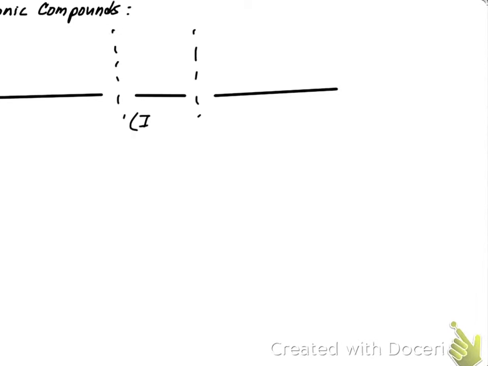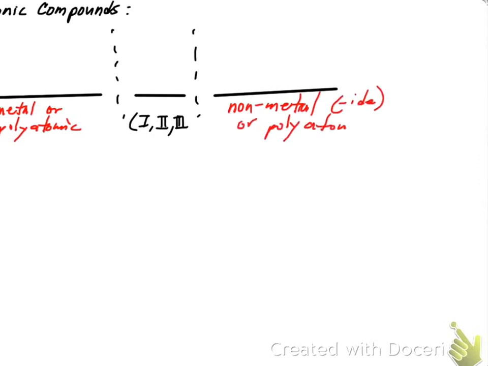With this little refresher on atoms and ions, let's look at naming ionic compounds. You can imagine 3 parts to it. The first part would be the metal, or it could be a polyatomic ion, and then a Roman numeral, and this is only for transition metals.